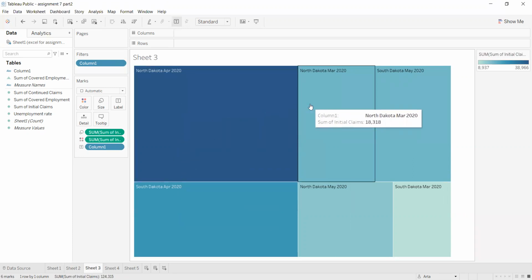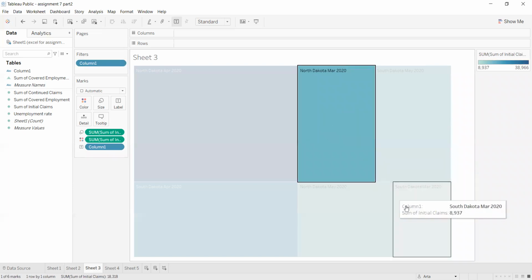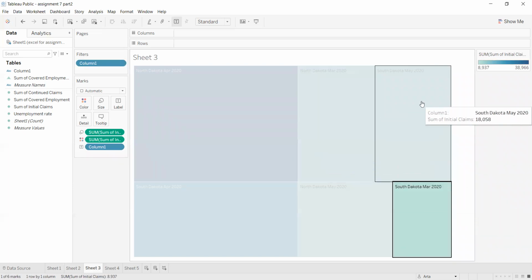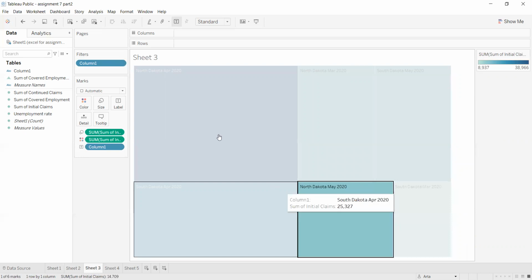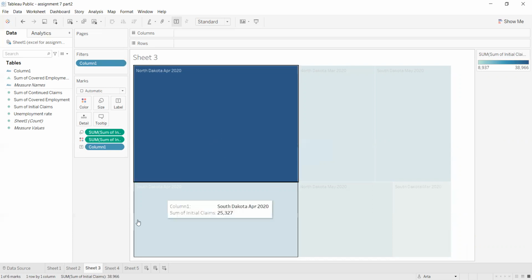And in March, this number in North Dakota is also higher than South Dakota. So it shows that the sum of initial claims in North Dakota in March, April, and May are higher than South Dakota.